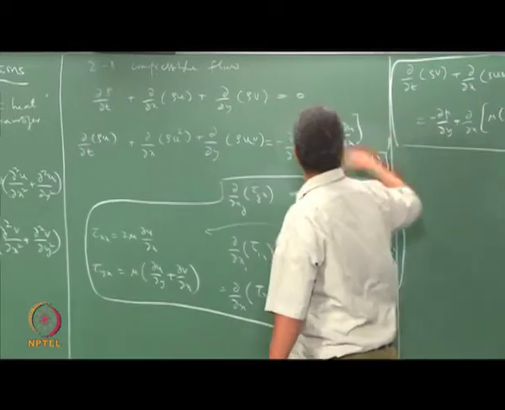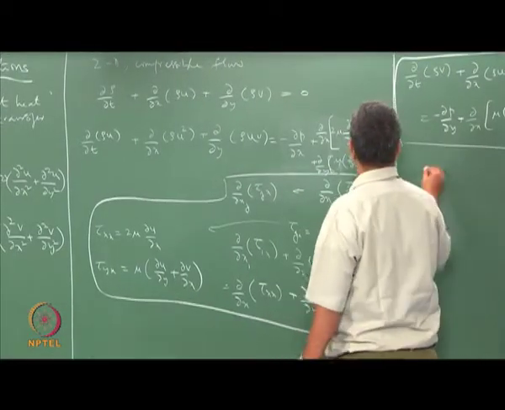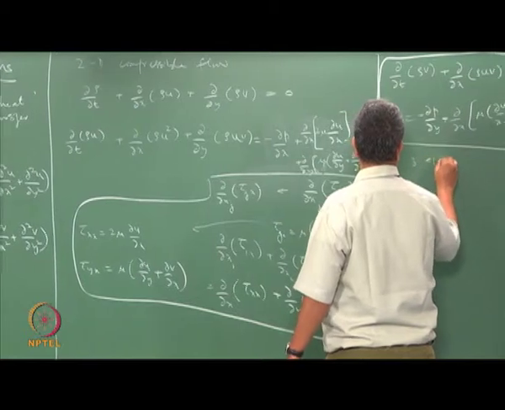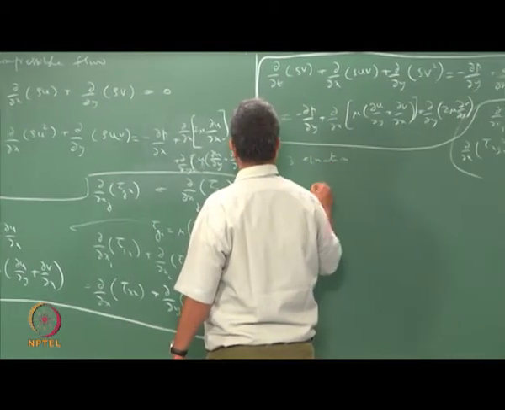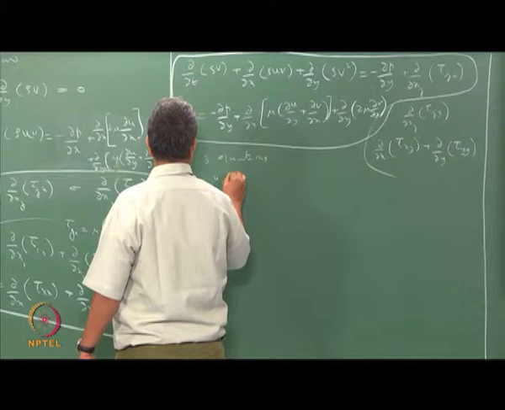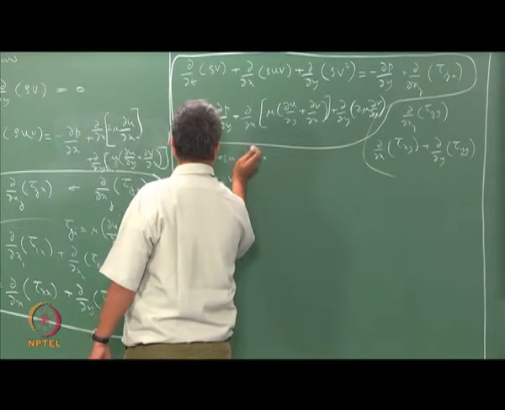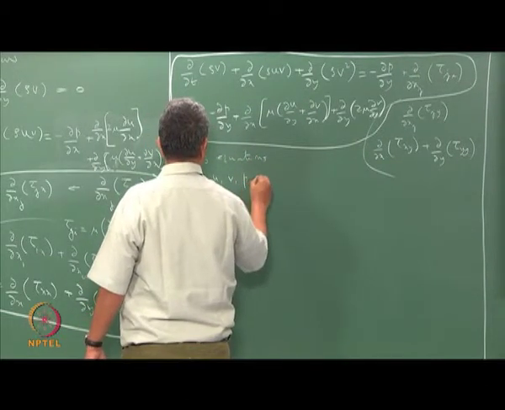If you now look at the equations that we have, 3 equations, and the variables are u, v, p and rho.